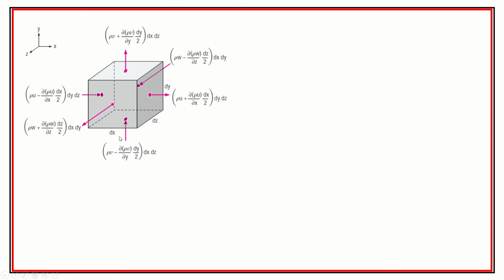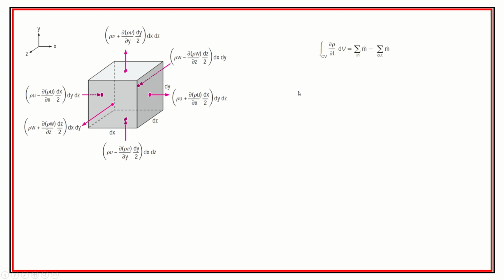So we have x, y, and z faces that are either an inlet or an outlet, and we divide it in half. We say we have a density times the velocity, but on the left-hand side, we'll say that the middle is the average.